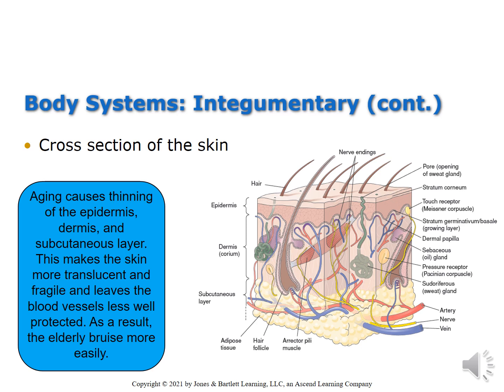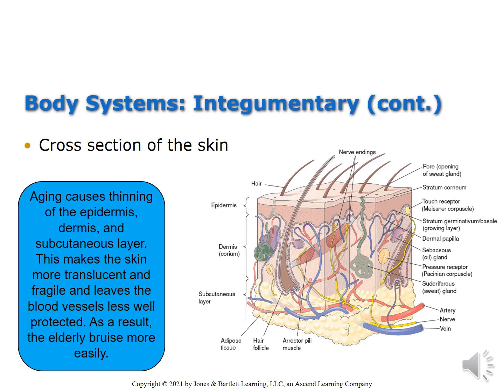Then deep to that, you have your dermis, which is the real functional part of the integumentary system. This includes the blood vessels, the nerve endings, the oil glands, the sweat glands, and the hair follicles, which really function in the metabolism of the skin itself.